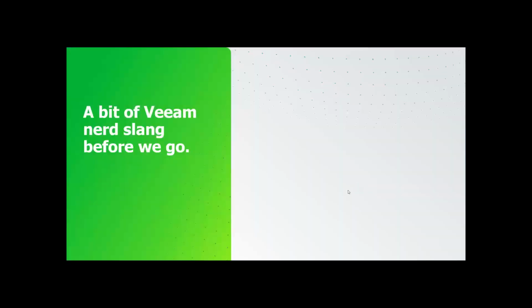First, I need to give you a little bit of slang that we're going to use in the presentation. We have some acronyms because otherwise it wouldn't be an IT presentation. So we will talk today about object storage. This is the main topic of today, related to Veeam Backup Replication, so our VBR machine.